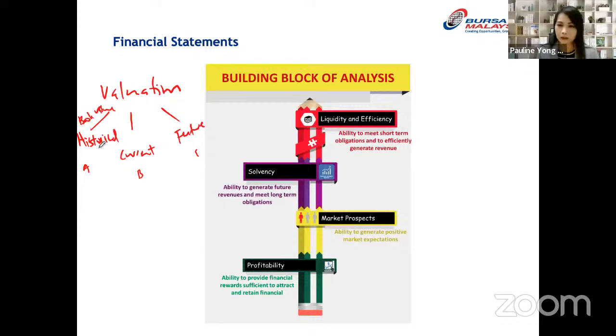Very often you see the book value or NTA. This is the net book value of the company. Basically it's just its assets minus all its liabilities. So that is the net book value, the actual worth of the company. If today you were to liquidate this company, how much would be the final value? That is the book value.